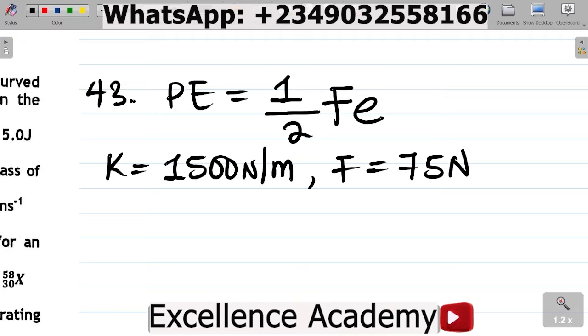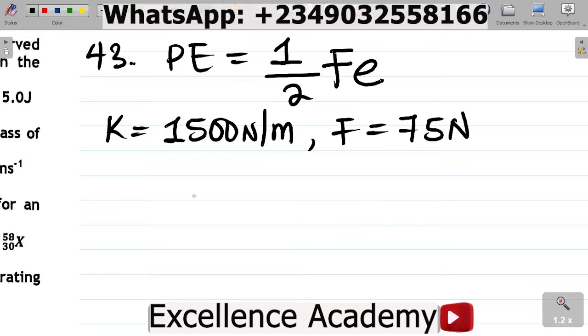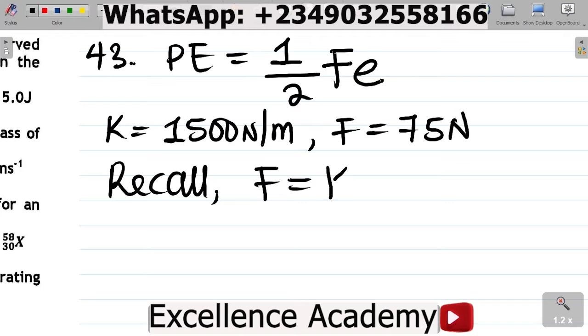You have this. Right, so how do we get it? Because for us to get potential energy, we need the value of F and E. We already have a value for F, but not E, not for extension. So how do we get the extension? We recall that from Hooke's law, F is equal to KE. To get the value of E, extension, divide both sides by K, this cancels this.